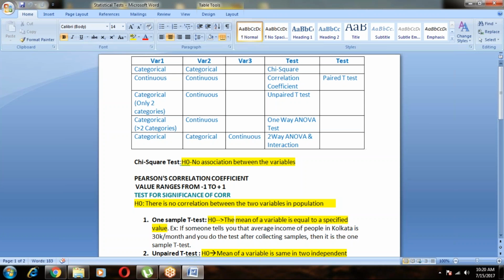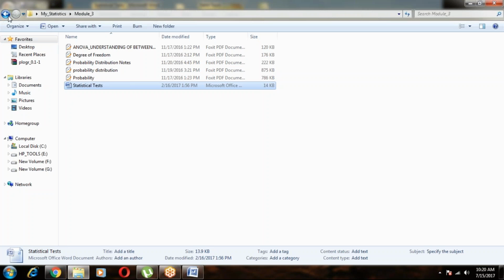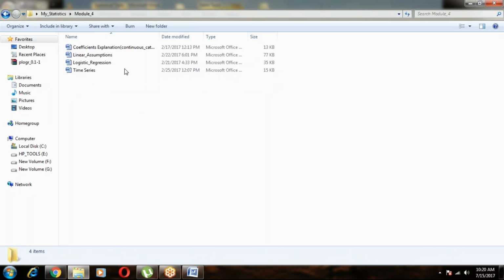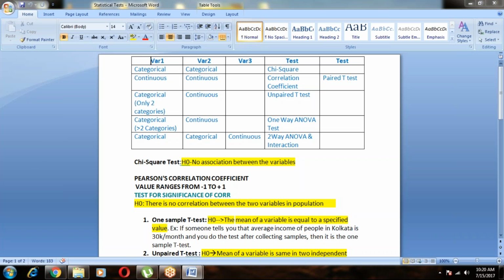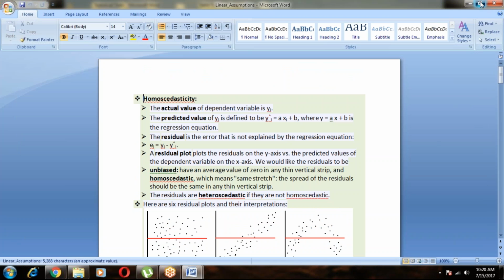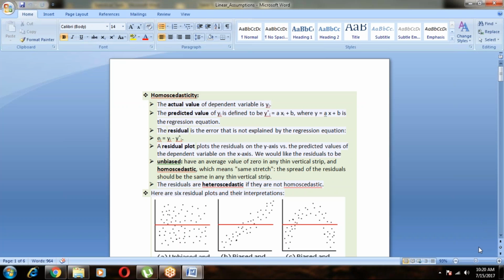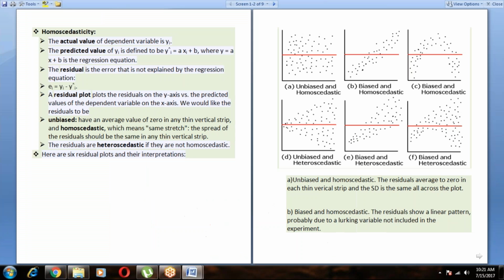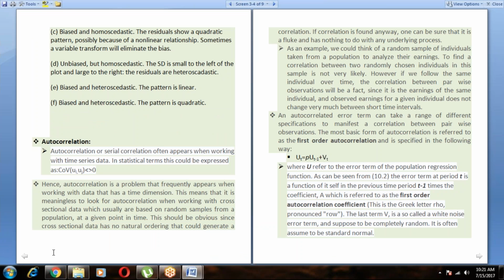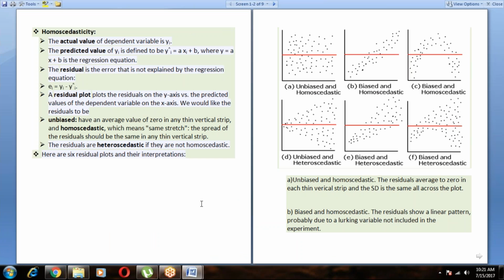Now the next topic is our linear assumptions.